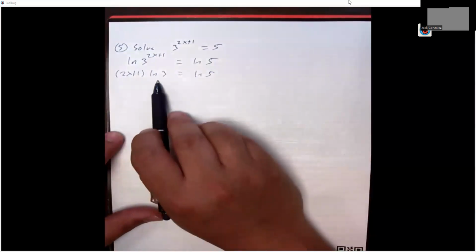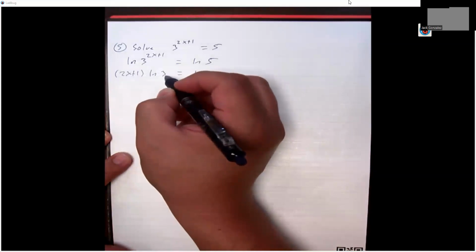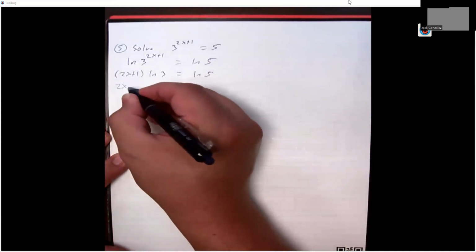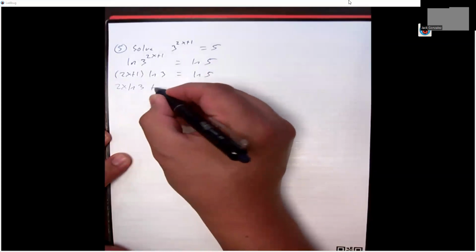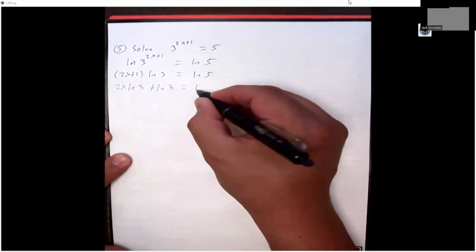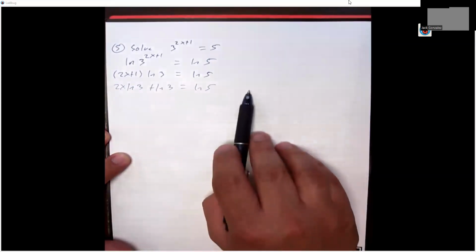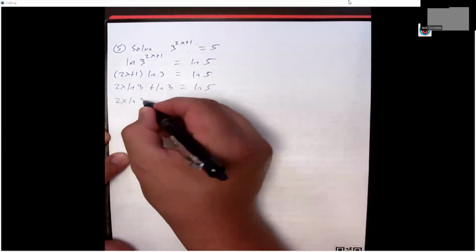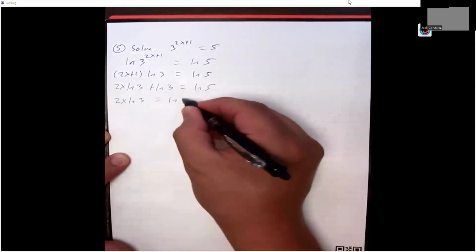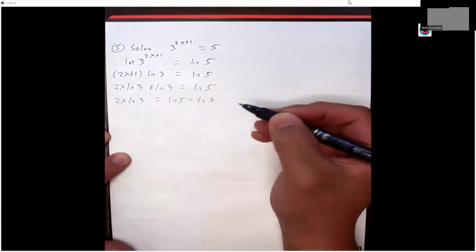Some of you just divided the ln 3 out and just isolated x. That's technically fine. You can also distribute the 2x and the 1 on the ln 3. It's up to you. So if I distribute, I get this. And I got to subtract this guy over here. But then divide by everything that's not x.